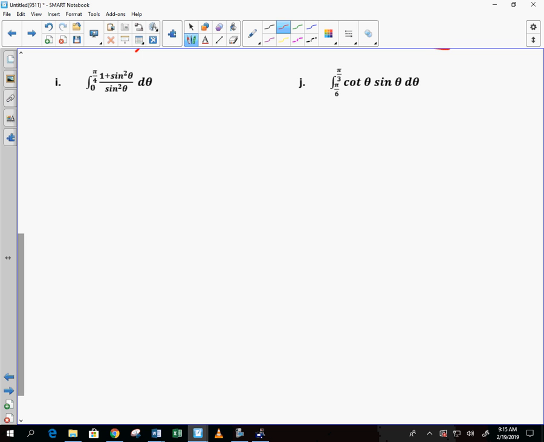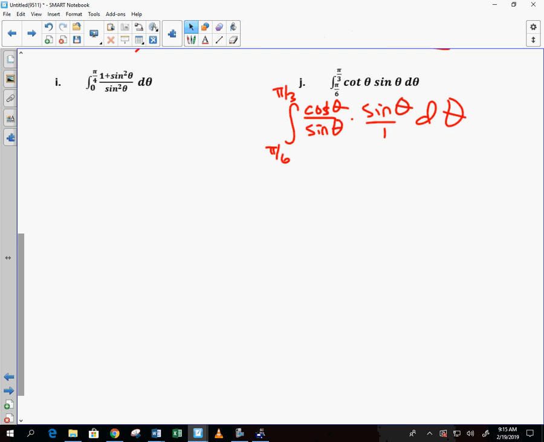Chris and Grace got it. Integral pi over 6, pi over 3. Got to just try stuff till you see something that works. Can't be afraid to just try. So I got cosine of theta over sine of theta. That's cotangent times sine of theta over 1 d theta. What happens? Sines cancel.